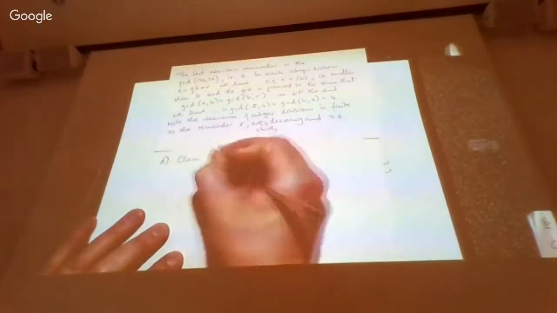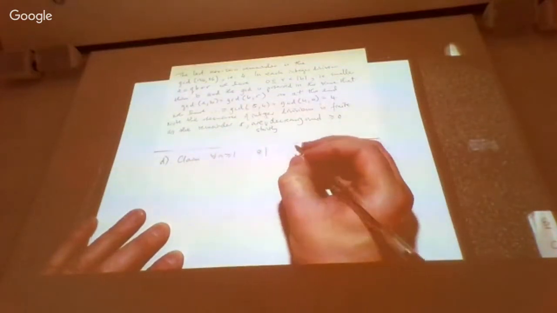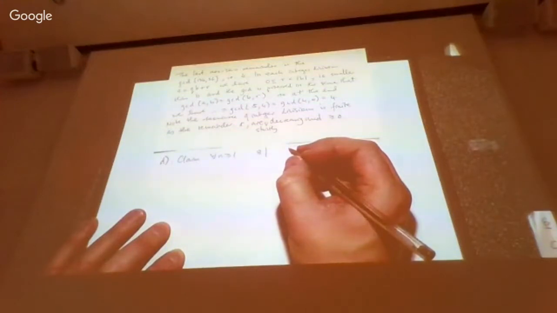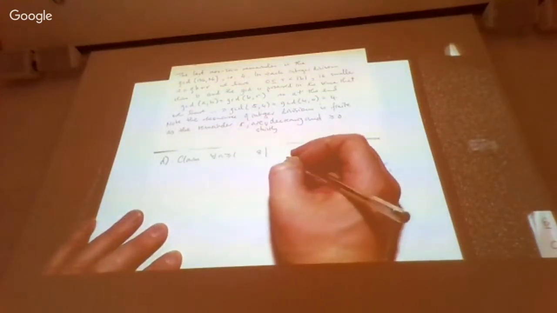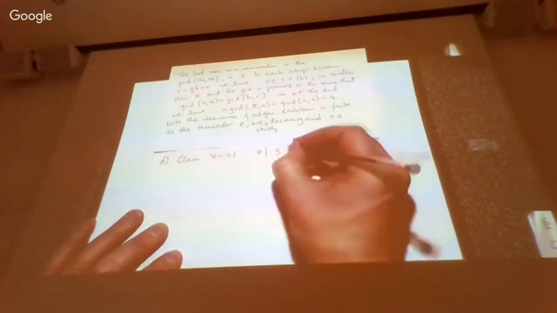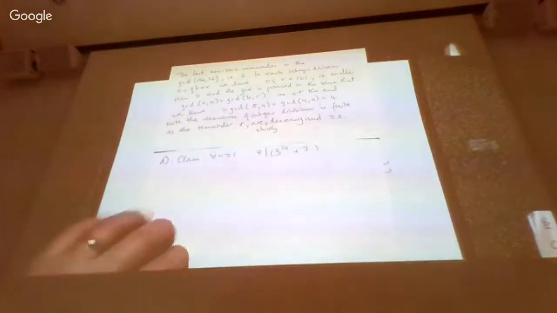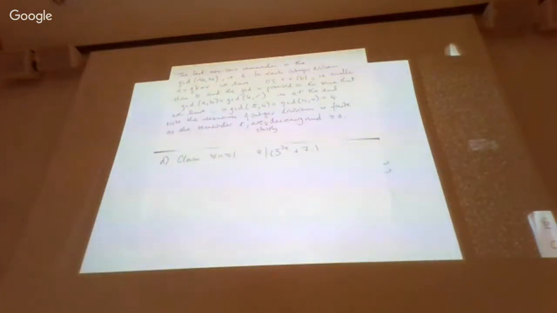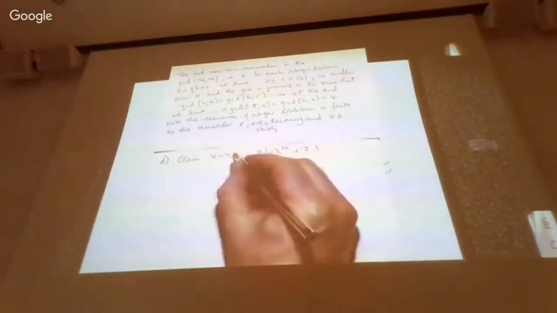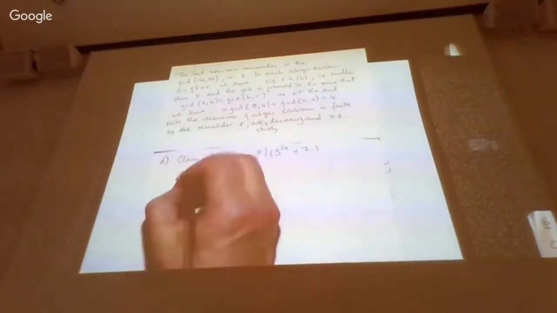The claim is, for all n bigger than or equal to 1, 8 divides 3 to the 2n plus 7. It's true for n equals 0 as well. Yeah, you could criticize me, you could say actually it works for n equals 0.